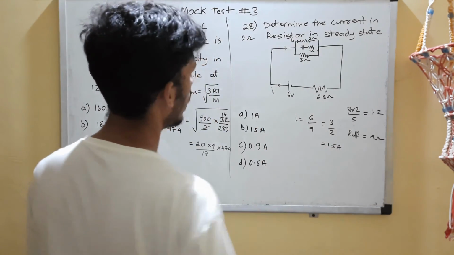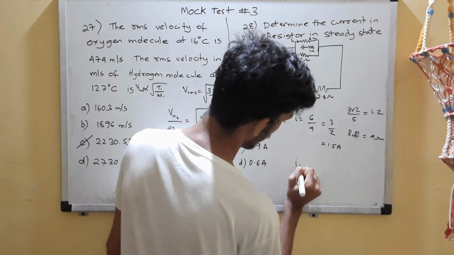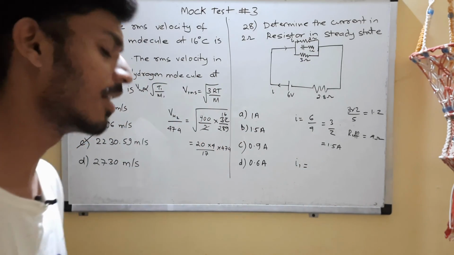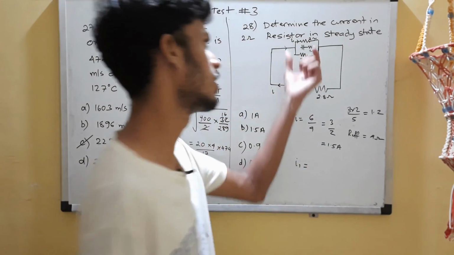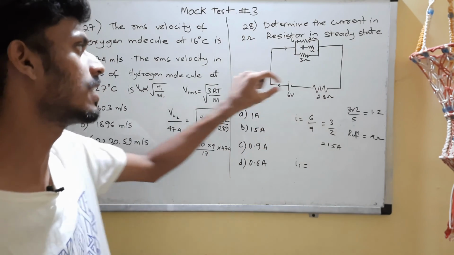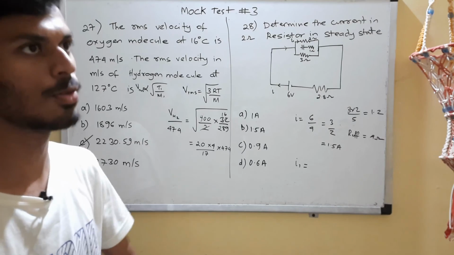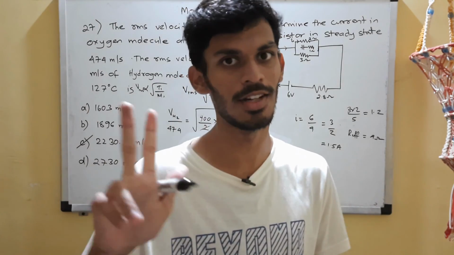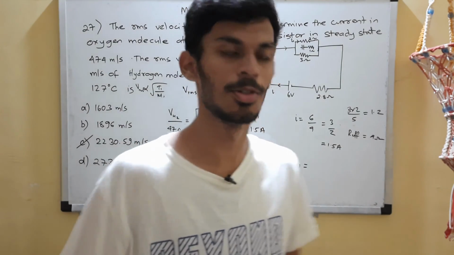We are supposed to find I1. I1 is simply given as, if you know the current divider rule, you can use that, or you can use I1 R1 is equal to I2 R2, and I2 you can write as I minus I1. So everything will be in terms of I and I1. You know I, you are just supposed to find I1.